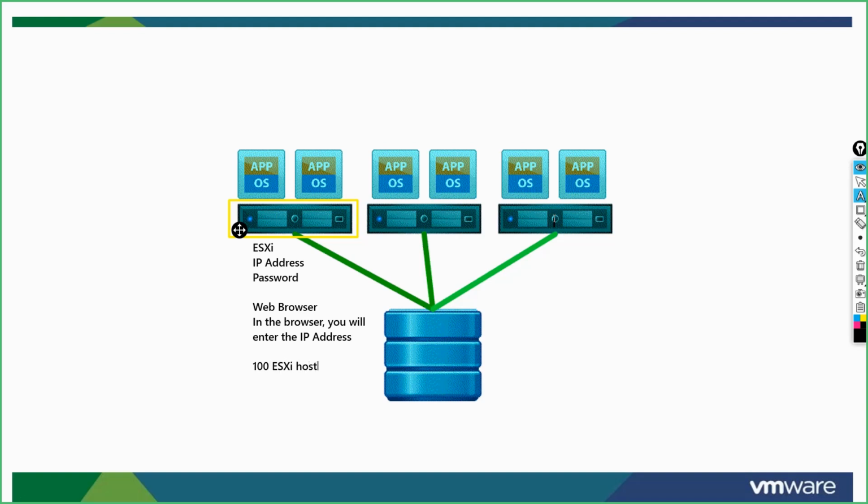Will you open 100 tabs in your browser to access the ESXi hosts one by one? Yes or no? Please put it in the chat box. No, because it will not work. So you must have some solution where you can have centralized management of all this.